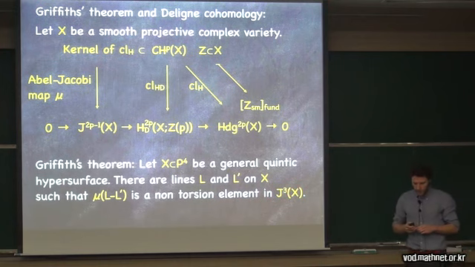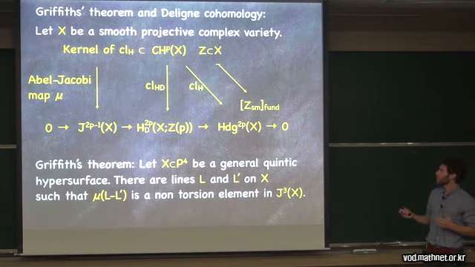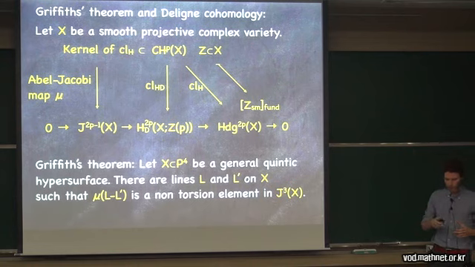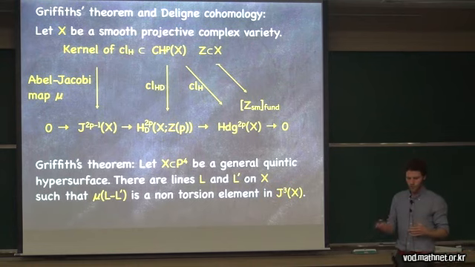The nice thing about this is that it would be very hard to show directly that something is non-torsion or has certain properties, but it was much easier to show that in this Jacobian. Therefore he also showed that there are cycles which are homologous to 0 but not algebraically equivalent to 0, which are non-torsion.